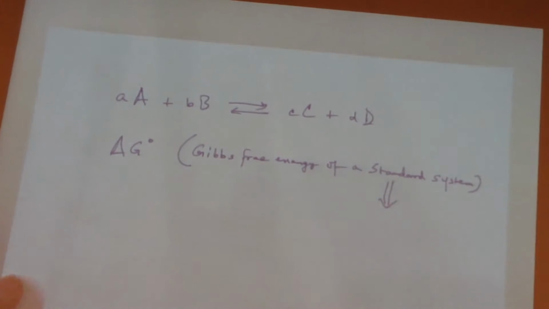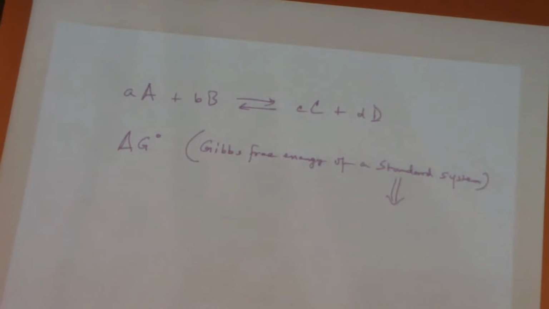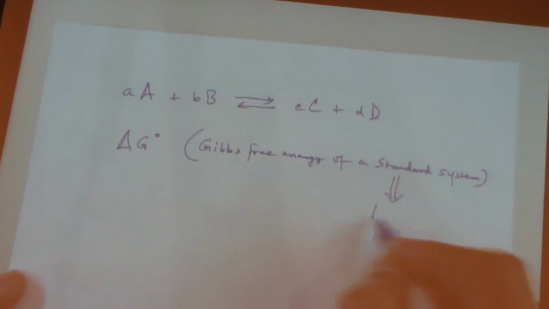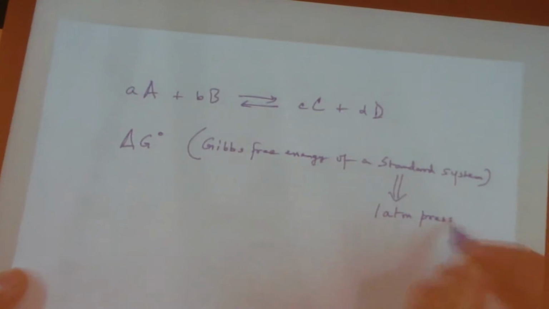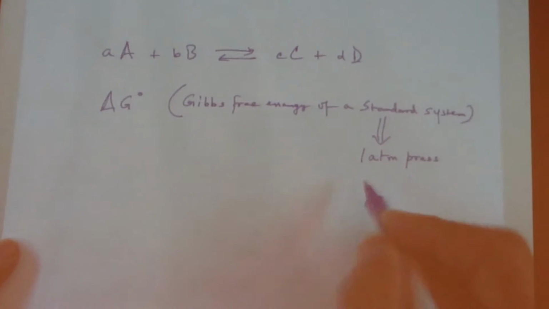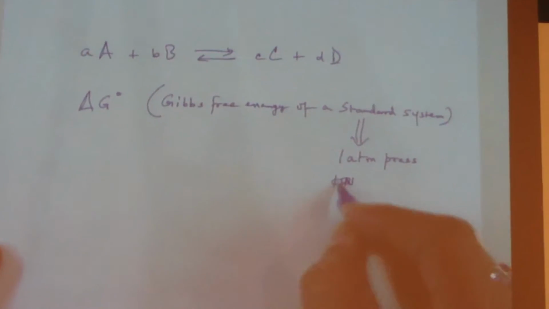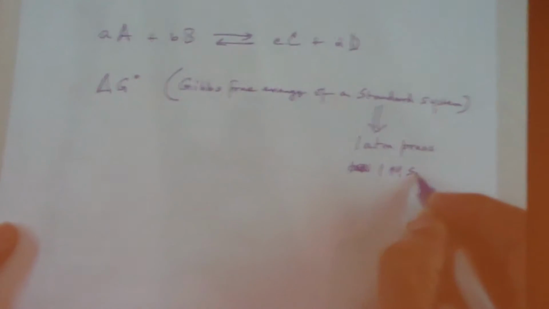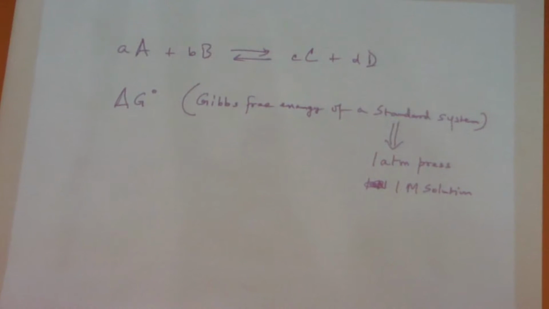By standard, I mean when you have a system that is under 1 atmospheric pressure, and let's say if it is solid. If it is liquid, then it's actually a 1 normal or 1 molar solution in water. So that's a standard system.